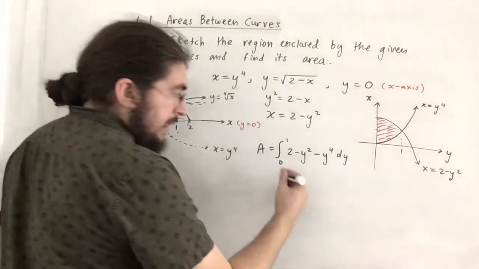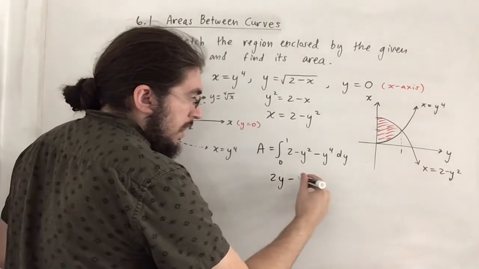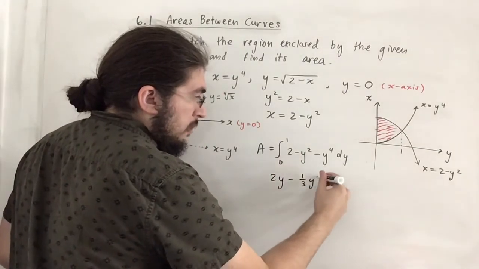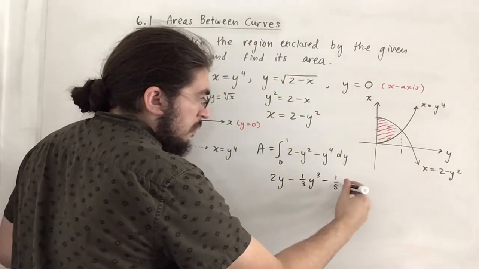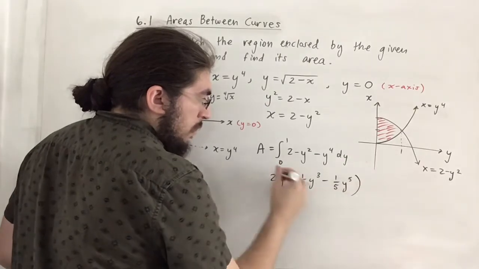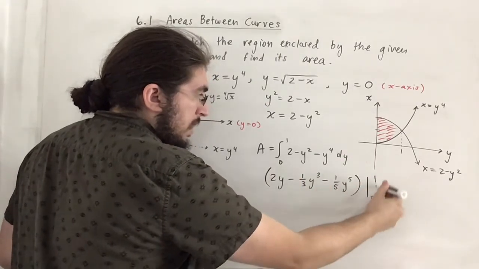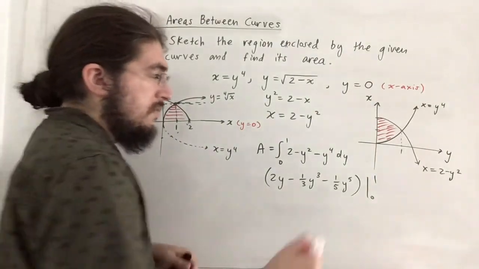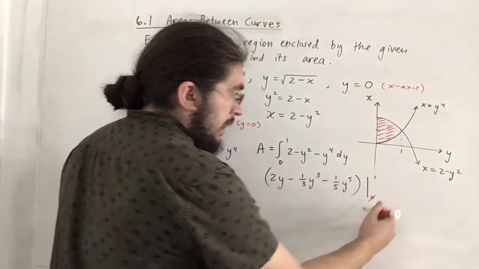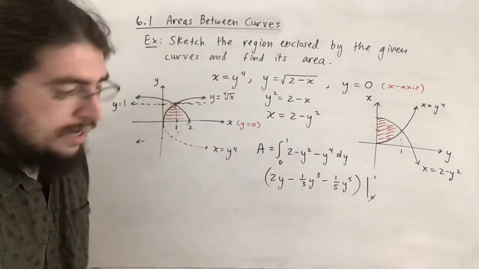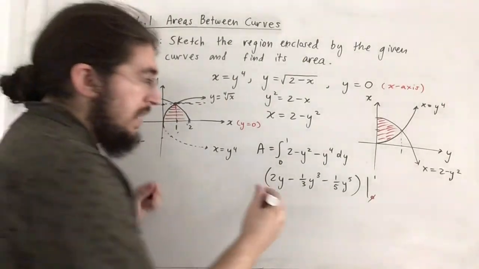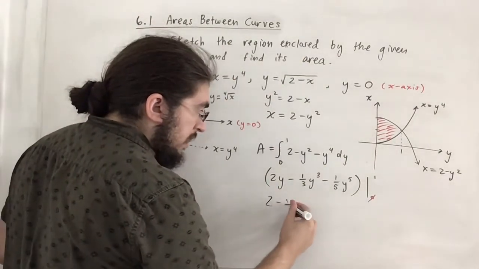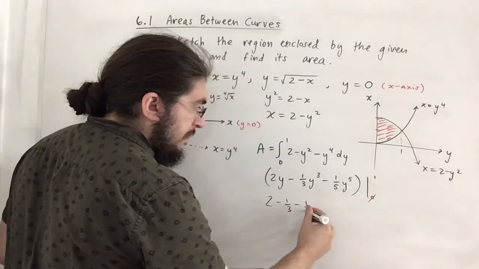So here, the antiderivative of each term will be 2y, negative 1/3 y to the 3rd, negative 1/5 y to the 5th, evaluated between 0 and 1. When you plug in 0, of course it's all 0 because they're just powers of the variable y. So that goes away. When you plug in 1, you literally just get the coefficients added to each other, which is 2 minus 1/3 minus 1/5.